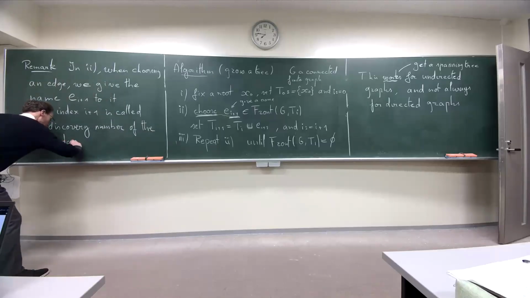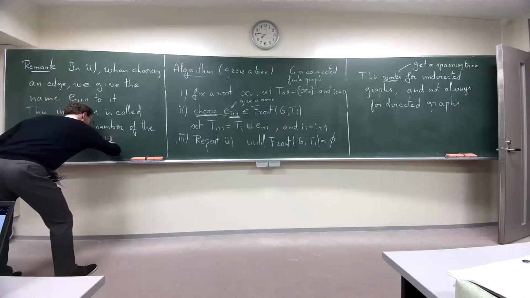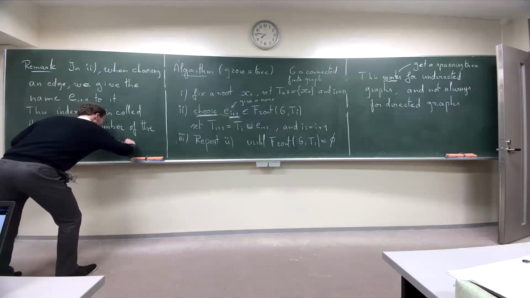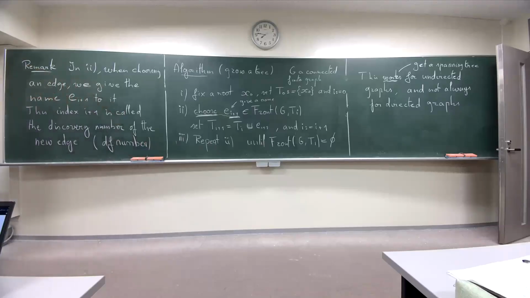There is even a function, called the DF number, or discovery number, the DF number of this edge. You keep in memory which index it has.